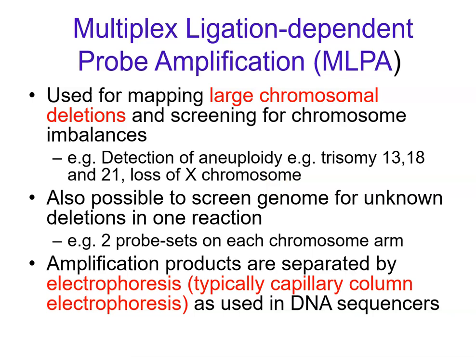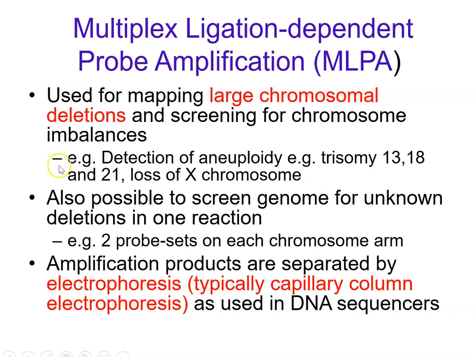So we have 22 autosomes plus X plus the Y chromosome, and most of those chromosomes have got a P arm and a Q arm, but not all, so that we can have a probe set designed to every single chromosomal arm and analyse the relative amounts of each chromosome arm in a single reaction without having to karyotype, for example.